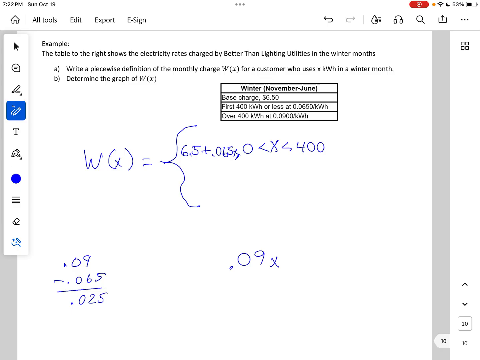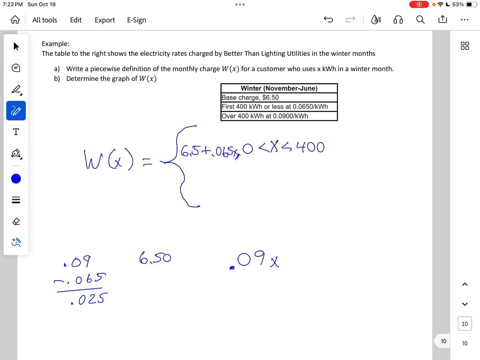Okay. So I've got to take that off of the first 400 kilowatts here. So I'm going to have basically 6.50, right, is what my base charge is. But for 400, I've got to take off 400 of the 0.025, if that makes sense, because for the first 400, I'm getting charged 0.065. And then every one after that, I'm getting charged 0.09.